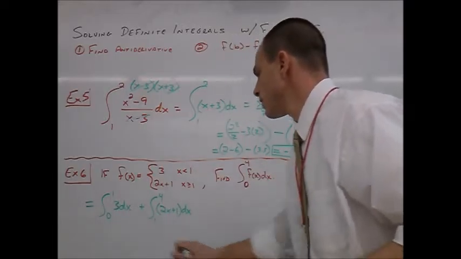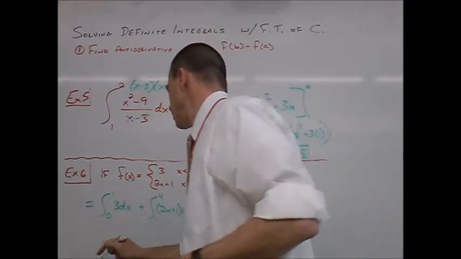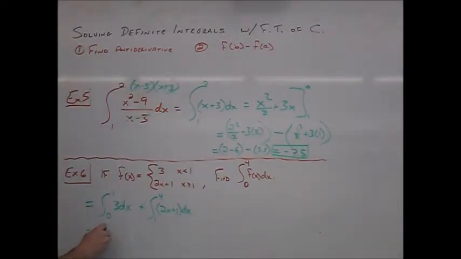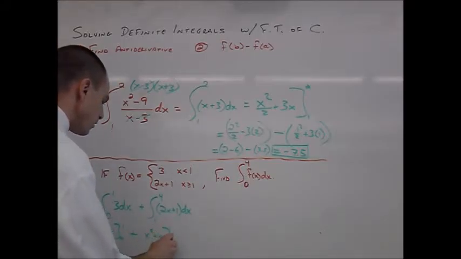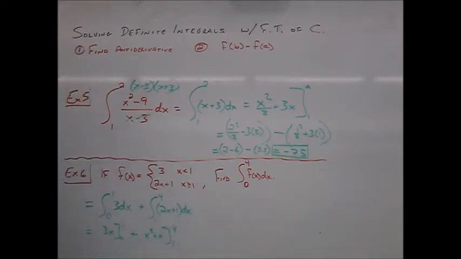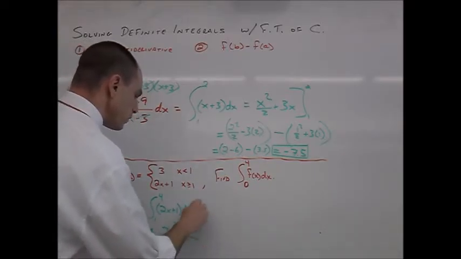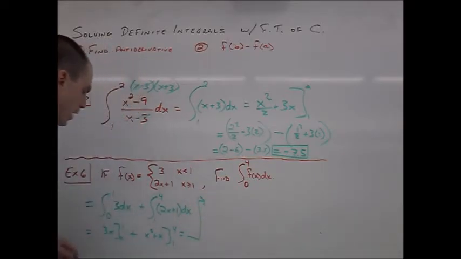3's antiderivative is 3x, and that's evaluated from 0 to 1. And then 2x plus 1's antiderivative is x squared plus x, and that's evaluated from 1 to 4. All right, so we'll move this up here, give you a little more space from the bottom of the screen.